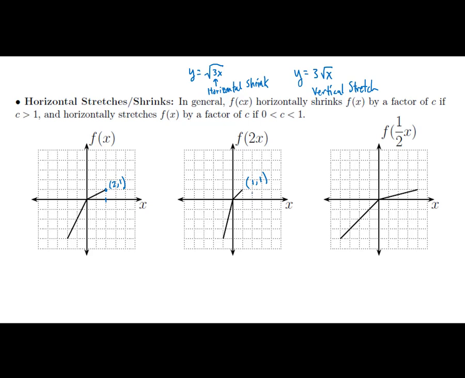So twice as fast. Whereas over here, if it's 1/2 times x, we're saying things happen half as fast as they would have before. So instead of y equaling 1 at 2, we have to wait until x is equal to 4 in order for y to equal 1. Again, it's perhaps the opposite of the way you would think things work. When it's a horizontal transformation, happening to the x, it may be the opposite of what you're thinking.